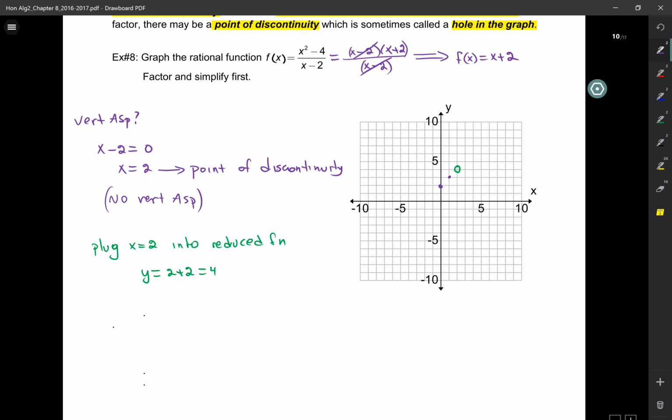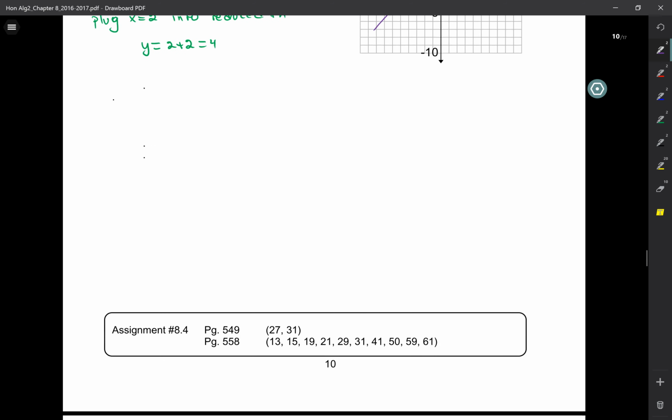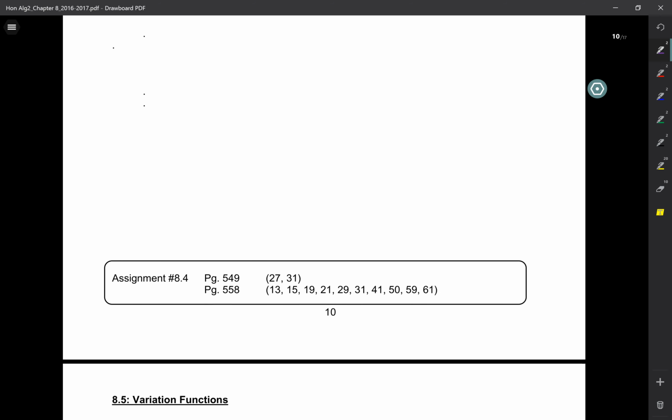Okay? We plugged x equals 2 into the reduced function. Okay, now, this homework is due Monday.